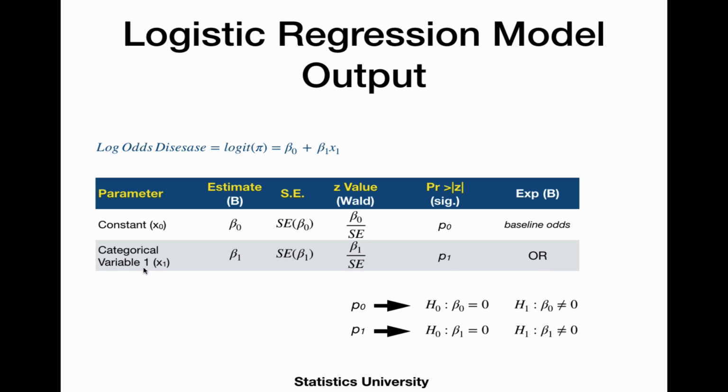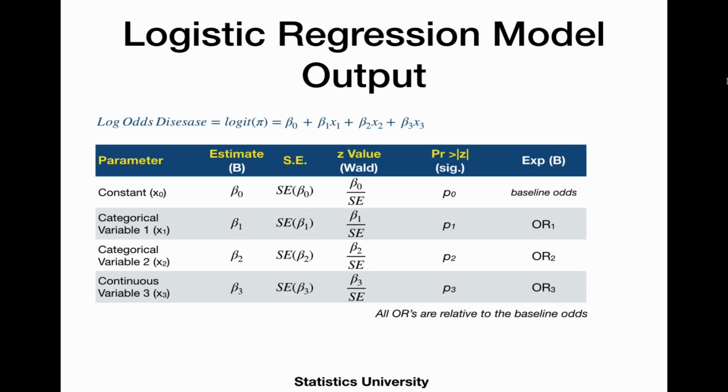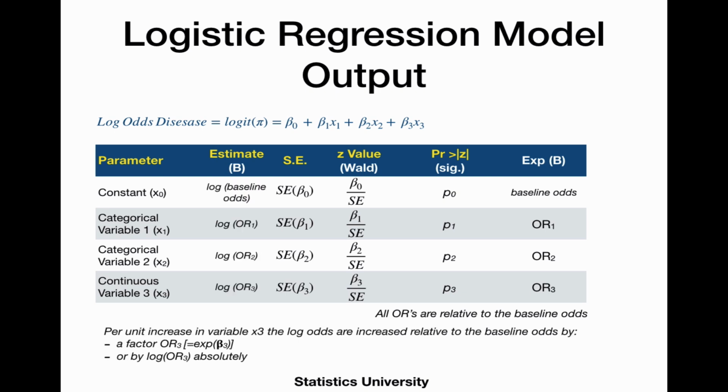If this categorical variable is true for an individual, the odds ratio multiplied by the baseline odds gives you the odds of the outcome in that patient. Now, obviously, we can extend this model with multiple other variables, and what is most interesting is to look at the effects of continuous variables, such as variable 3 in this model.